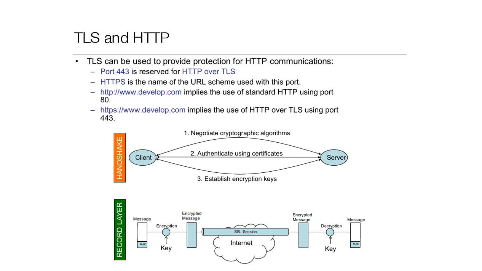So trusted third party's information is embedded in the client. We can manually do that, or operating systems provide that information by default. Somehow that trusted third party's public key is provided to the client.